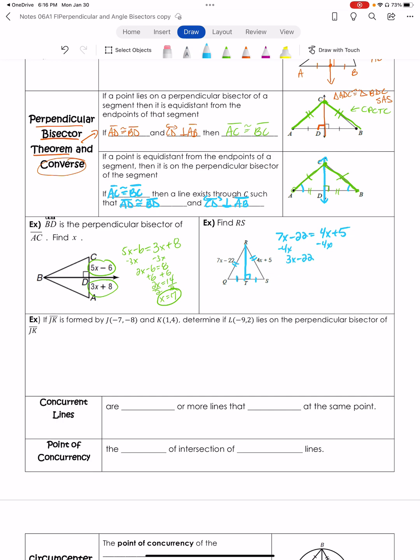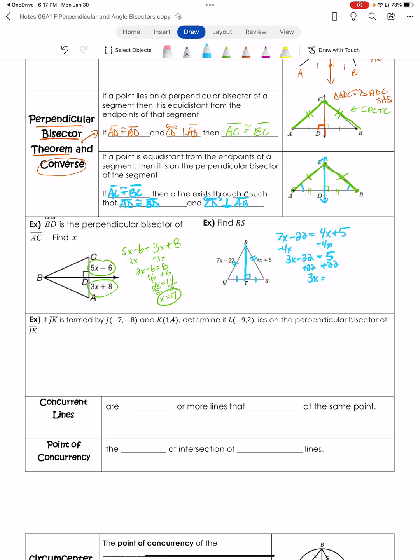3x minus 22 is equal to 5, plus 22 plus 22.